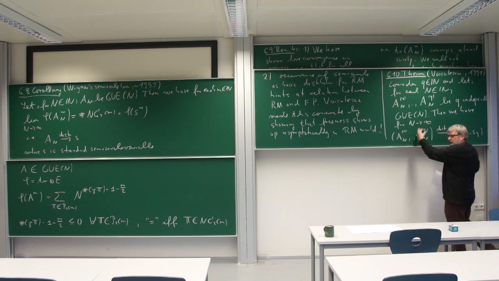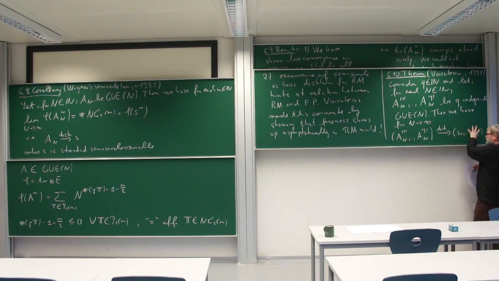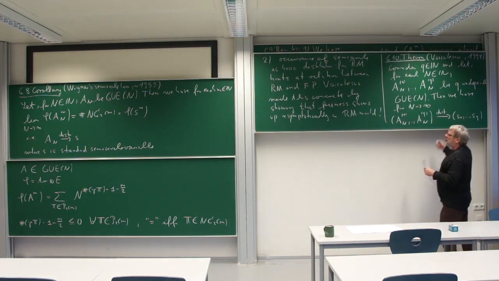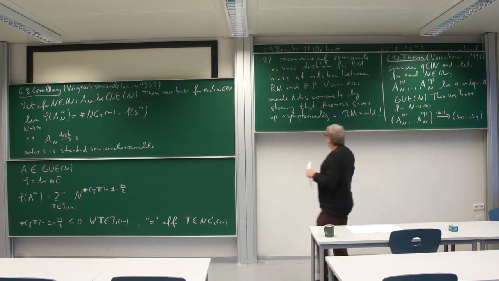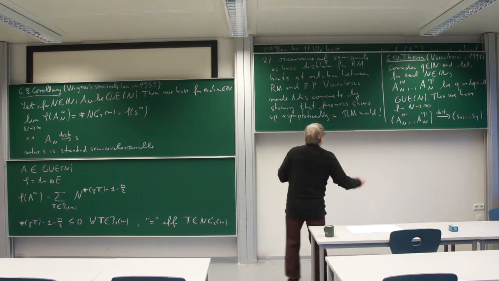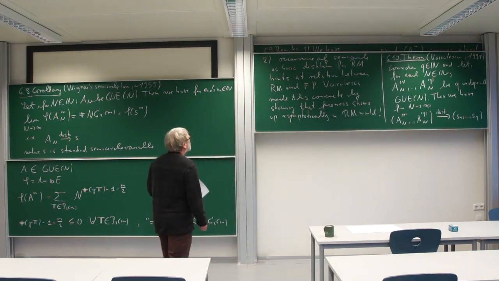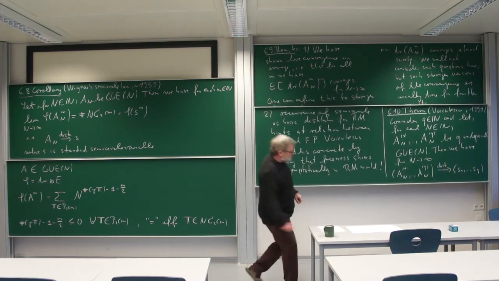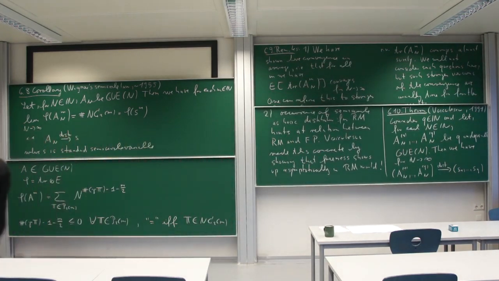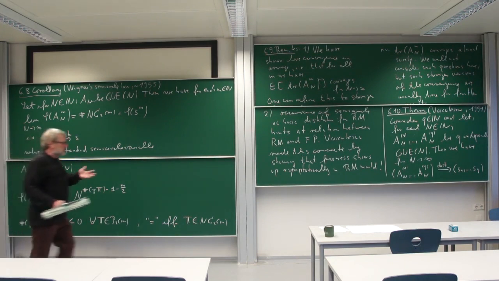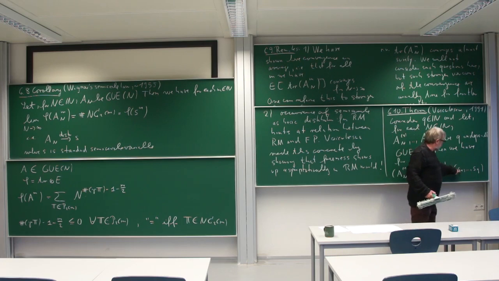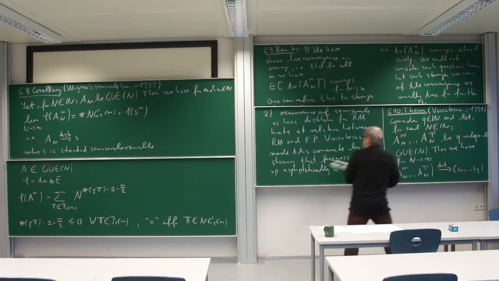Which means, of course, that any joint moment here converges to the corresponding joint moment of free semicirculars. So the S's here are free semicirculars. Okay, so I need a little bit more space to finish the theorem. Maybe I erase this here. Just saying what the S are, and actually what we are seeing here is what we usually then say is asymptotic freeness between those guys. They converge to something which in the limit is free.